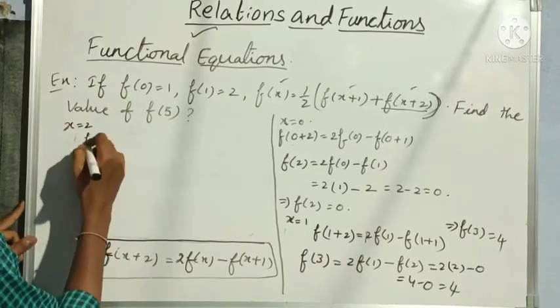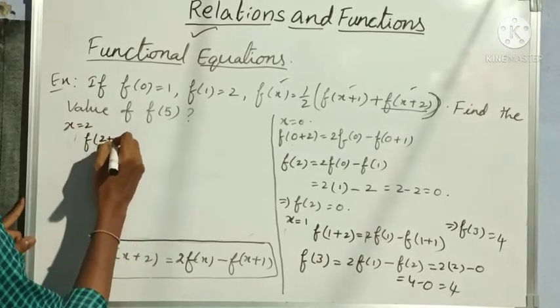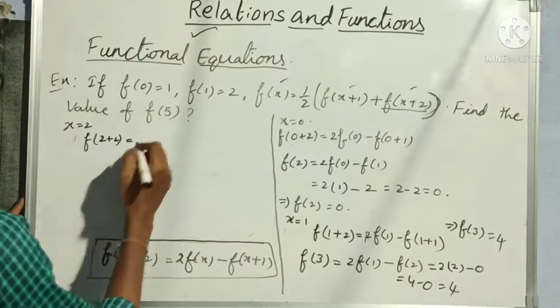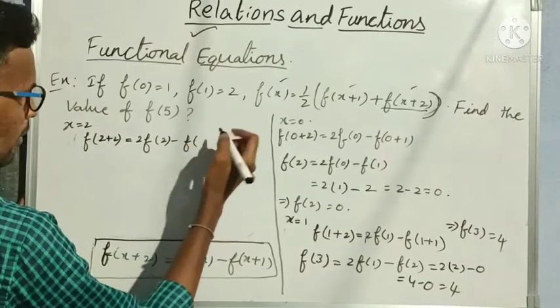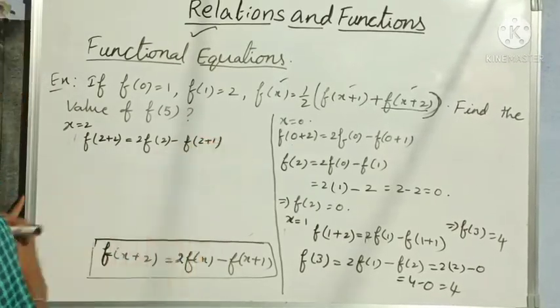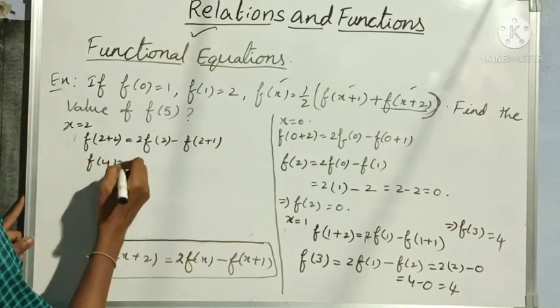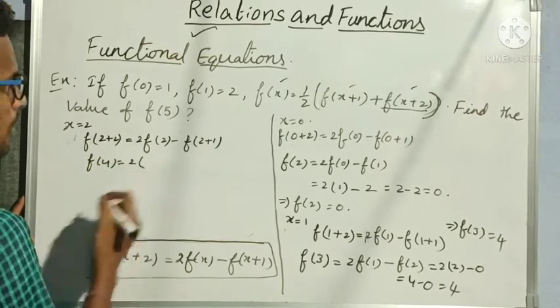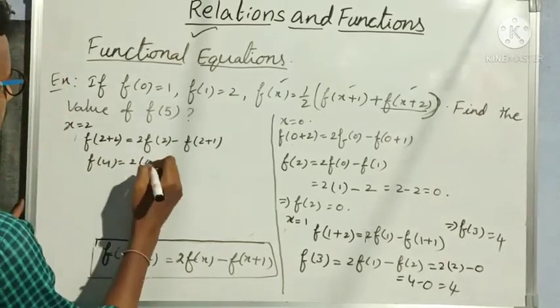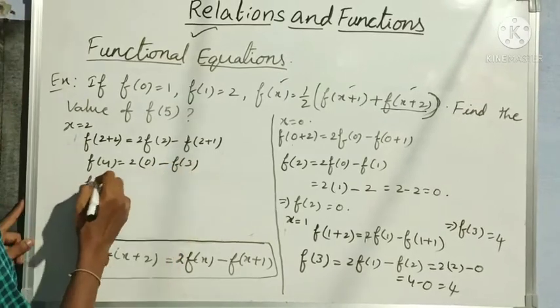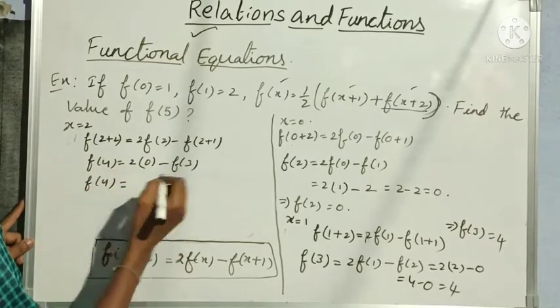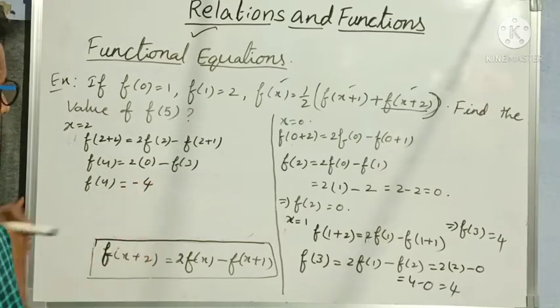So f(2+2) is equal to 2 into f(2) minus f(2+1). So f(4) is equal to 2 into f(2), f(2) value is 0, minus f(3). So f(4) is equal to, anyhow this is 0, so minus f(3) is minus 4.